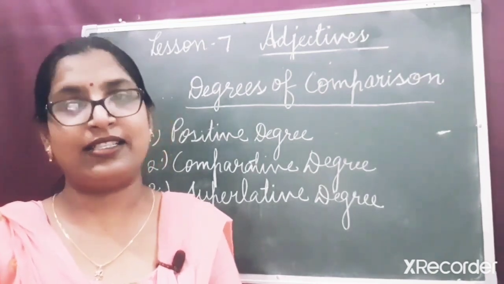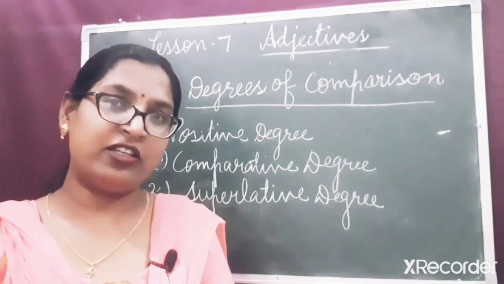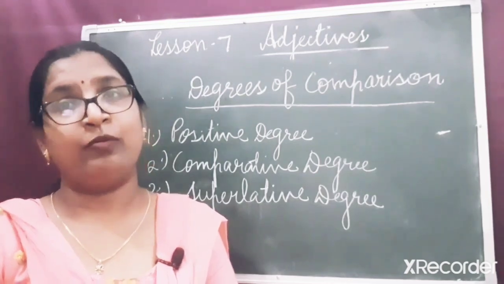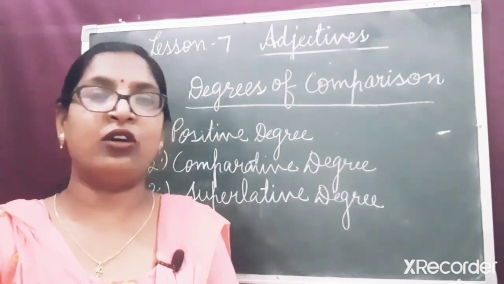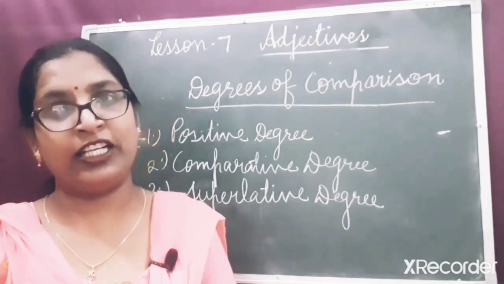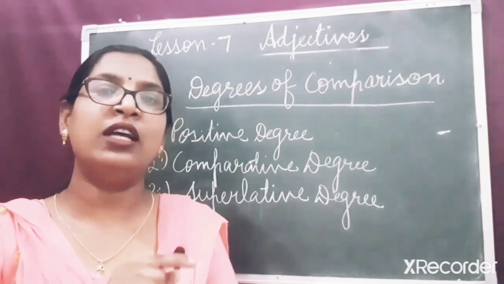Prettiest is the superlative degree. So always remember, when the word is ending in Y, before adding ER or EST to make comparative and superlative degree, we change Y into I.